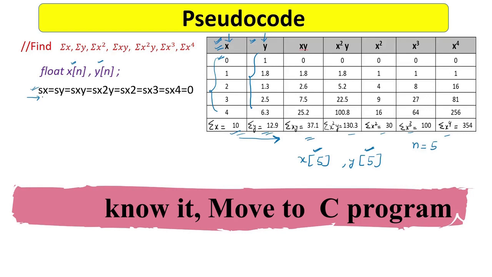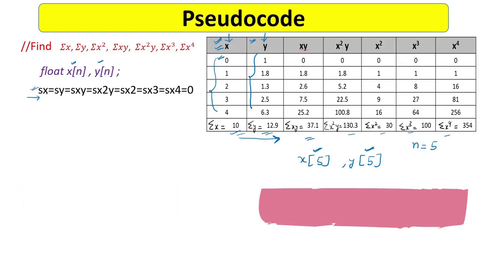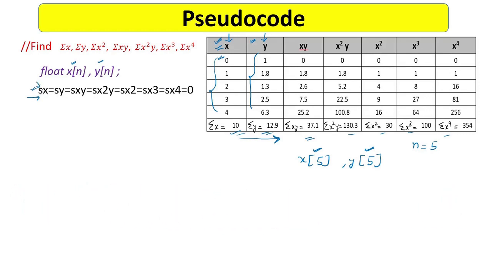The naming I have used is like sx. Here s tells me that I am finding the sum, and x means that I am finding the summation of the x values. And sy means I am finding the sum of the y values. In the same way, sxy stores this summation value, this summation value sxy. Initially all of them have the value 0, right?